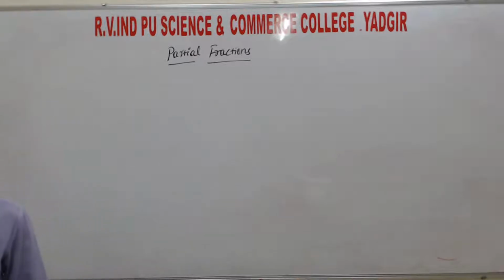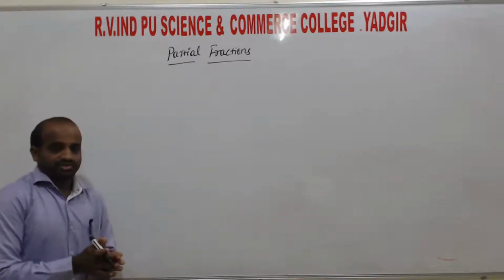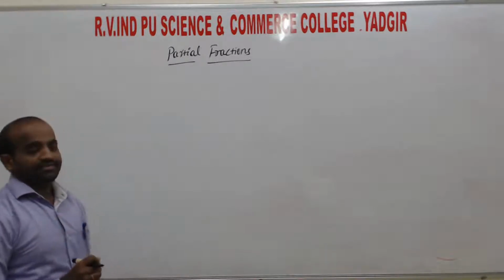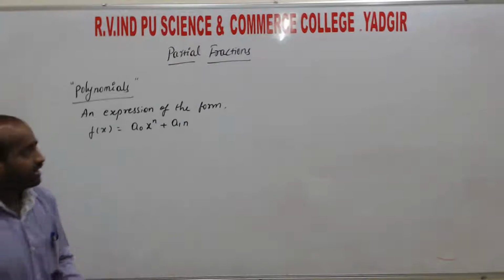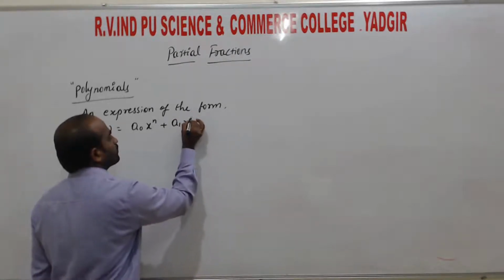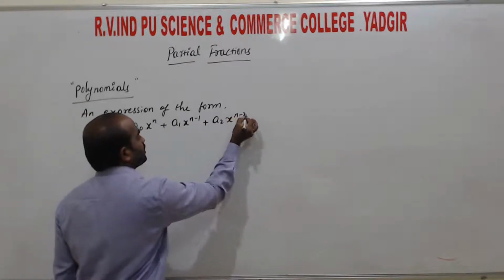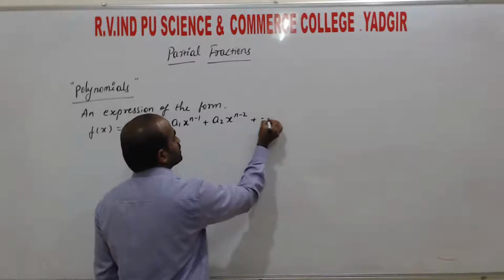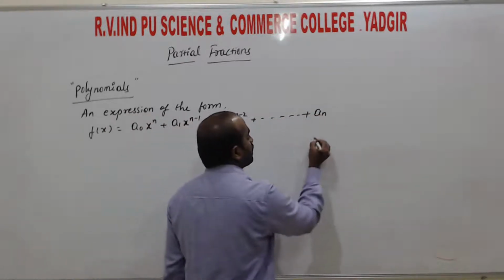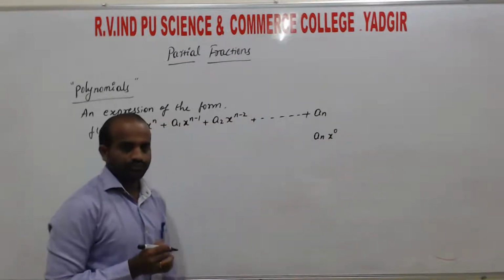Partial fractions. Okay. Partial fraction means to decompose a fraction. x to the power n minus 1 plus a2 x to the power n minus 2 and so on, plus an into x to the power 0.